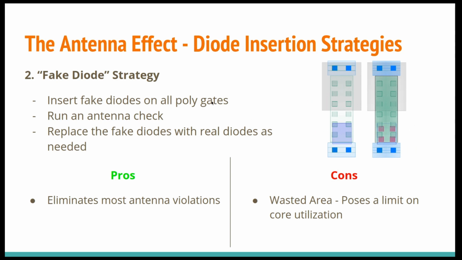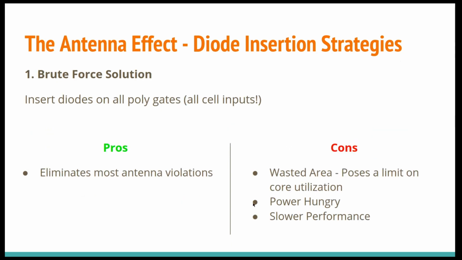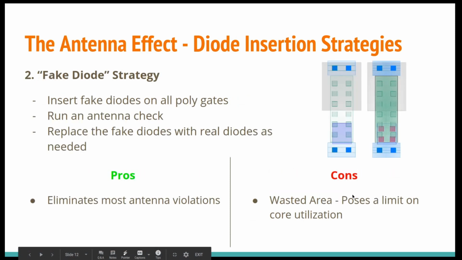We then run an antenna check detecting all vulnerable sinks, and only replace fake diodes with real diodes on those deemed vulnerable. Of course, this removes two of the cons we had previously, eliminating the unnecessary capacitive load, but one of the cons still remains: we still have a limit on the maximum achievable core utilization because we need to reserve the space for all diodes in advance.